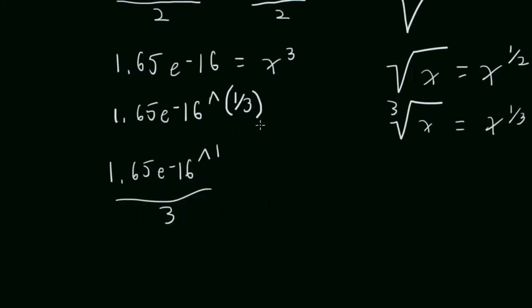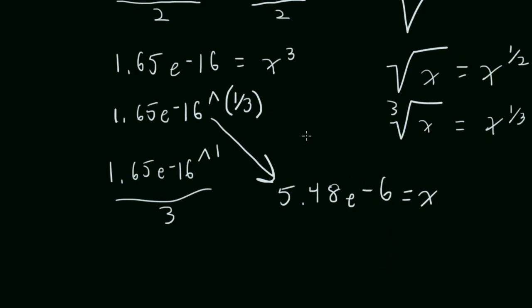If I don't use the parentheses the right way, I get a very different answer. And so when I take this number, I should end up with 5.48 e negative 6. Okay? And that is going to be the value of x.